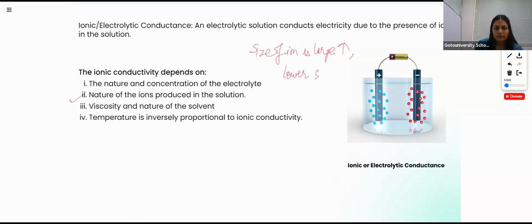It lowers the speed of conductivity. How? As the size of the ion is large, it will be hard for them to move in the other direction, so the conductivity rate decreases.